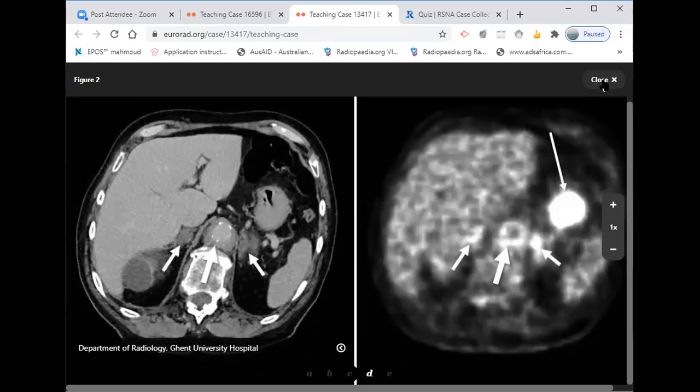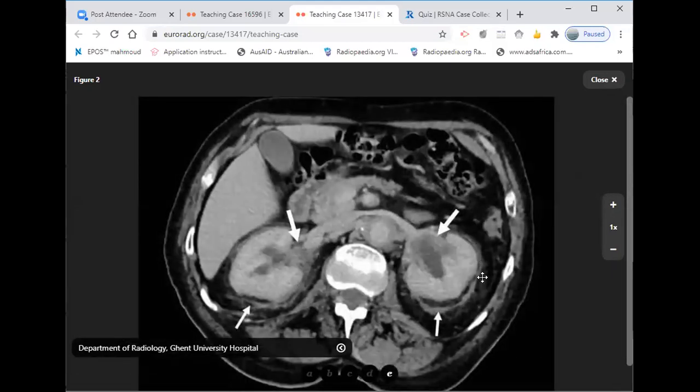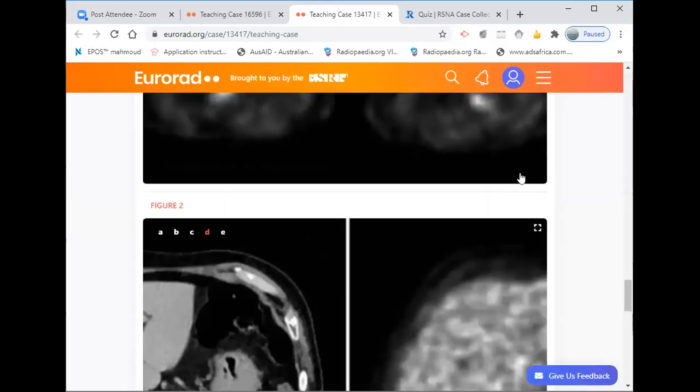And if we go to E, then you can find it around the kidneys, yes. So I think now it is easier to tell the final diagnosis.